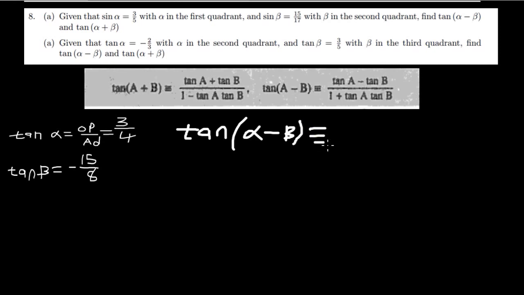well, it's equivalent to tan A. What is our tan A? Which is tan alpha. Tan alpha is 3 over 4. Tan B is equal to tan beta. So where there is tan A, I'm going to put 3 over 4.